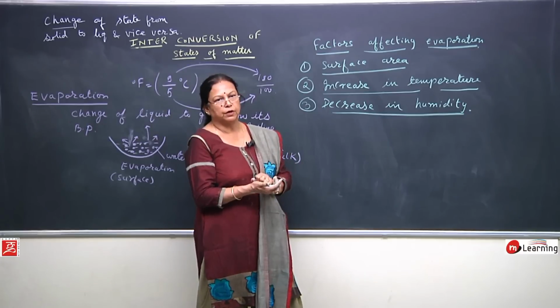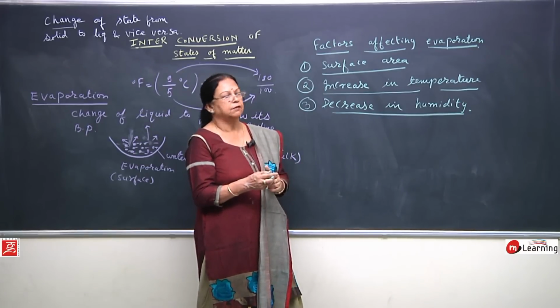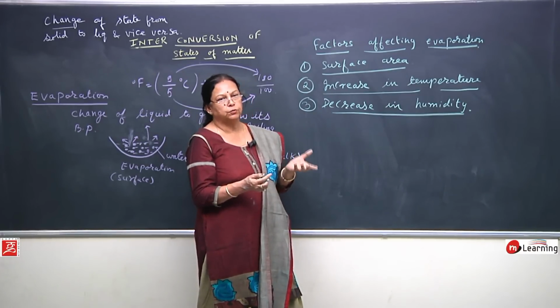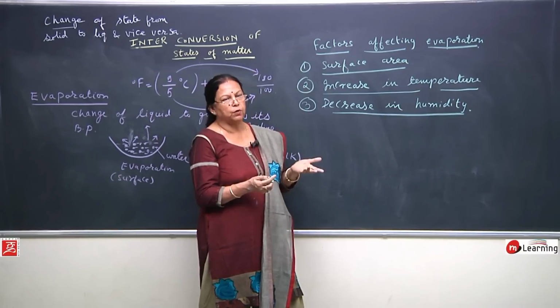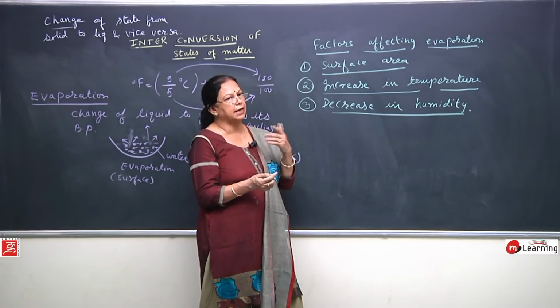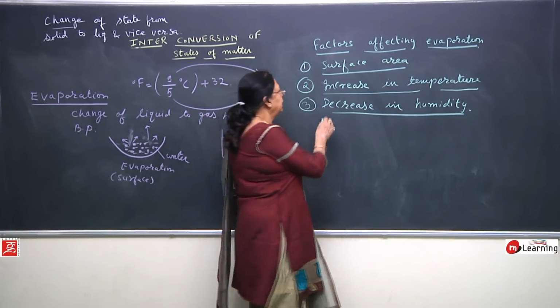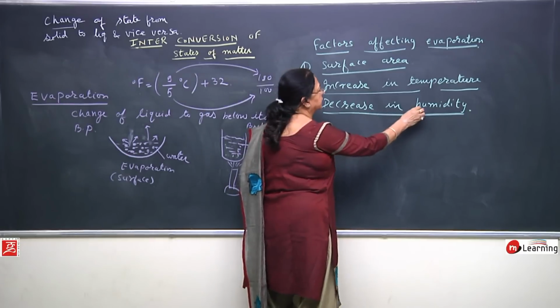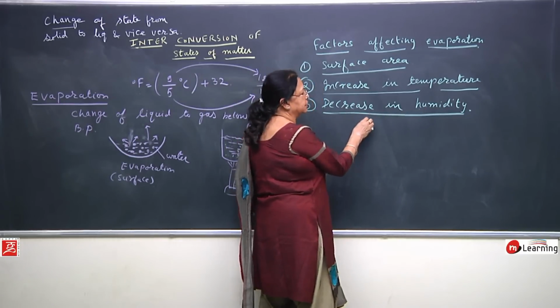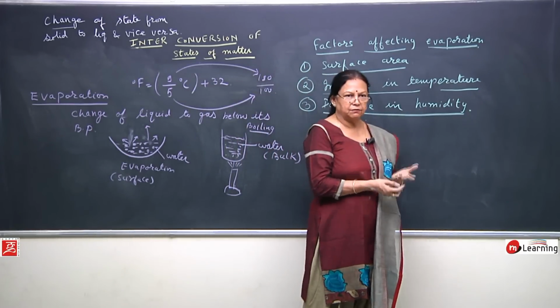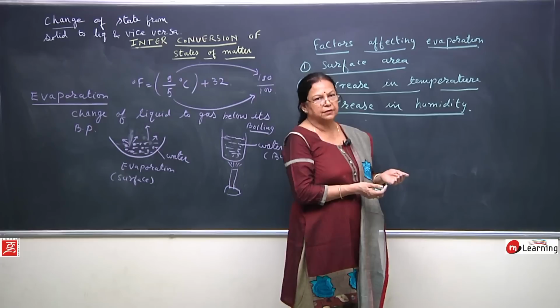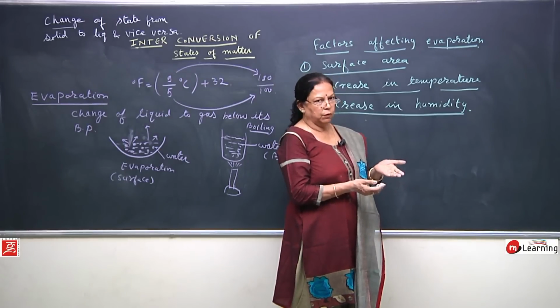If more water vapor is present in the air, we say it is too humid. If less water vapor is present, then we say the air is dry. So, if humidity is less, what will happen? The air will be dry, and if air is dry, then what will happen?